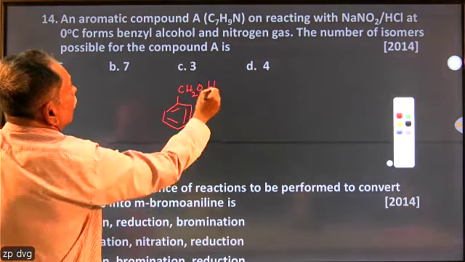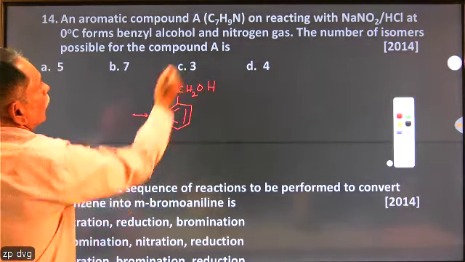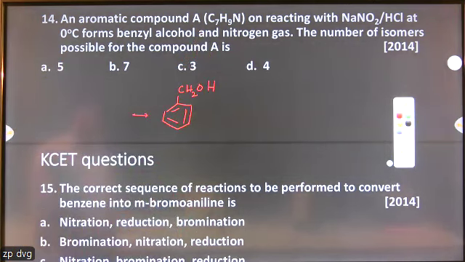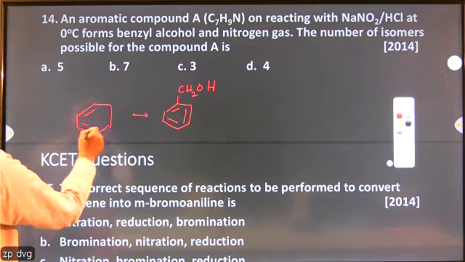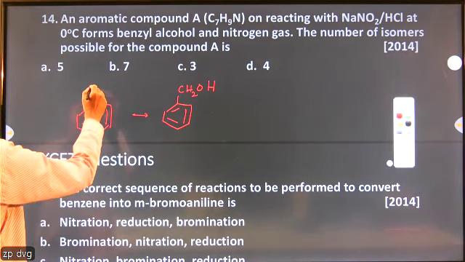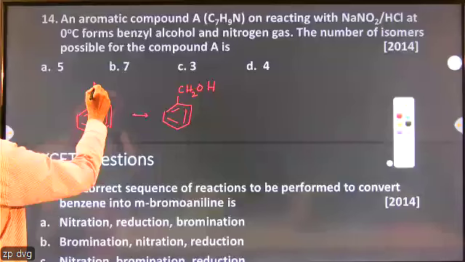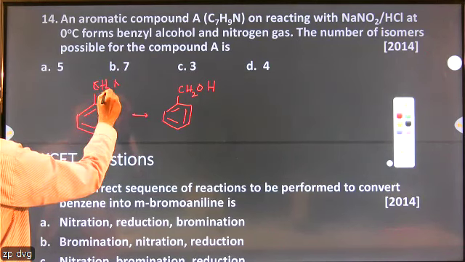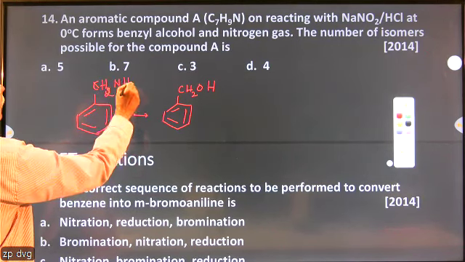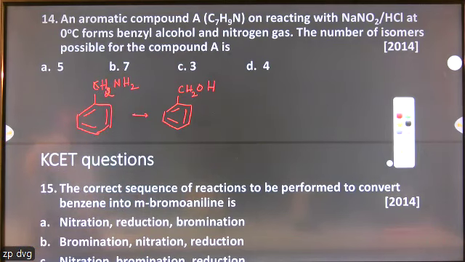So you get benzyl alcohol when this compound is treated with NaNO2 and HCl. So compound A is benzylamine, C6H5CH2NH2.